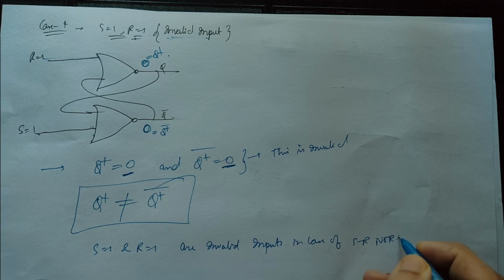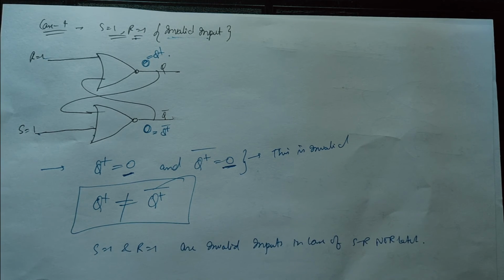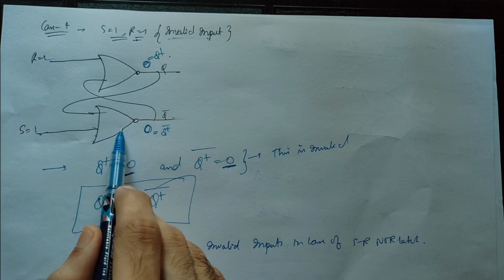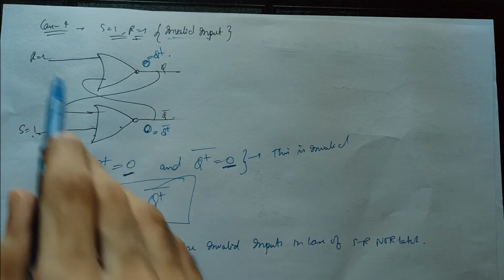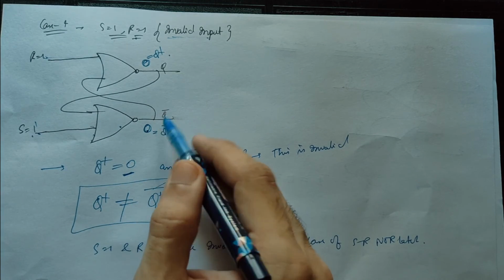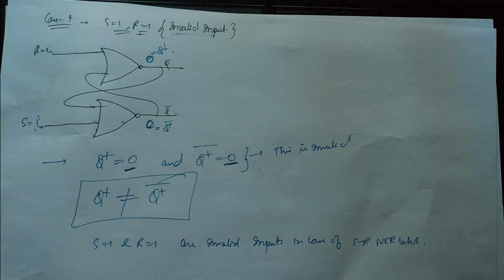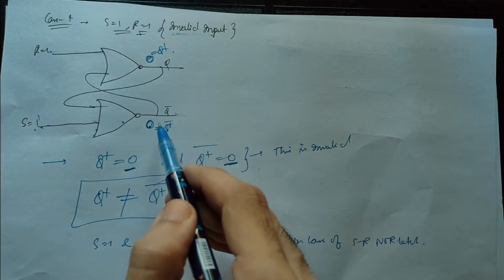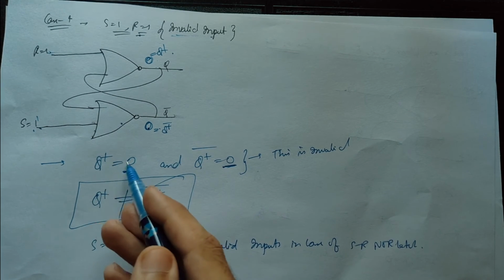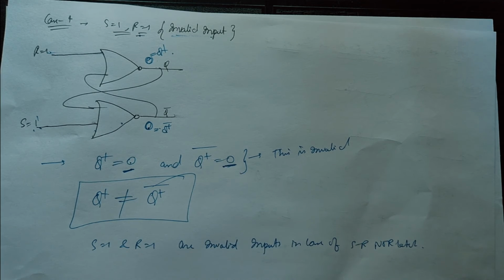Again, why are these invalid inputs? Because whenever one of the inputs of a NOR gate is high, the output is always 0. Here both the inputs are high, so both the outputs of the NOR gate would be 0. So Q plus equals Q plus bar, which is 0, can never happen because the complement of 0 can never be 0, it should be 1. So these are invalid inputs.